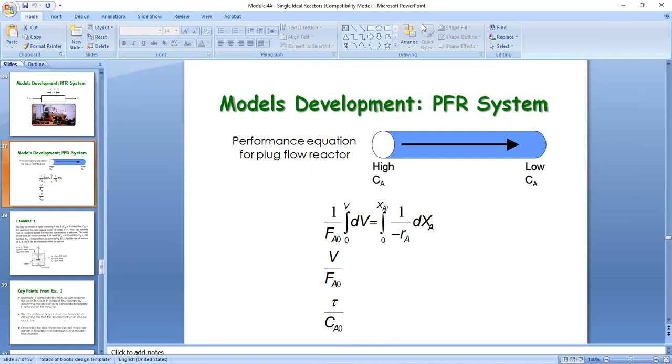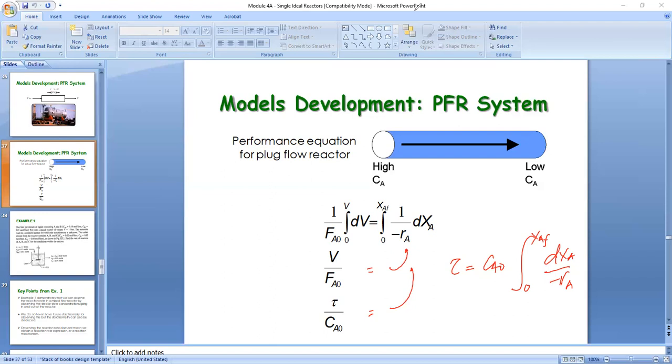Now, this means that these expressions here on the left can all be equated to the same thing. If this CAO is transferred here, it would be tau equal to CAO times the integral from 0 to XA final of dXA over the rate. If your memory is that good, this is the same performance equation that we have for our batch reactor. Where is the difference?